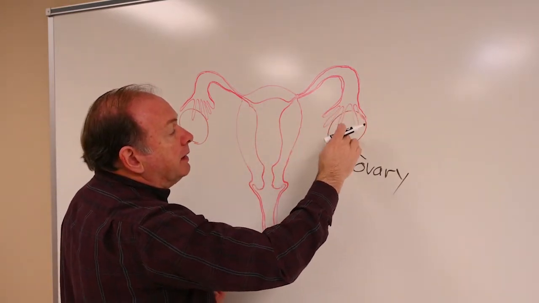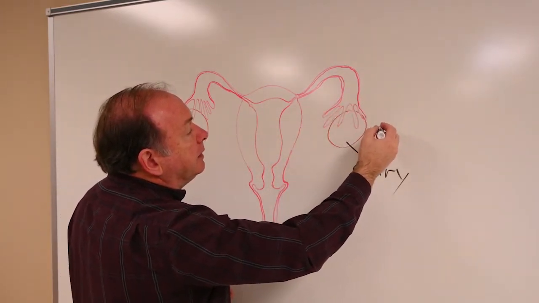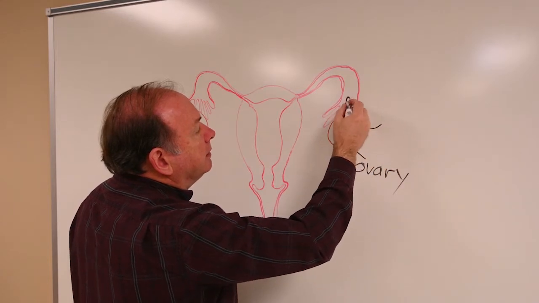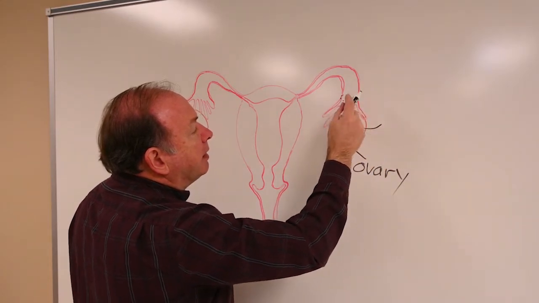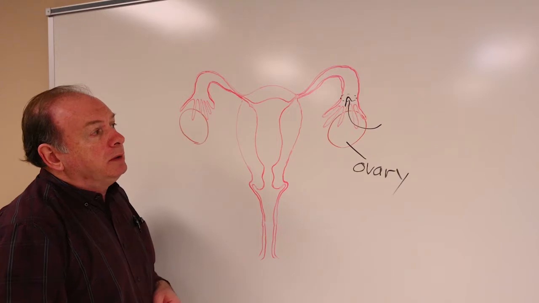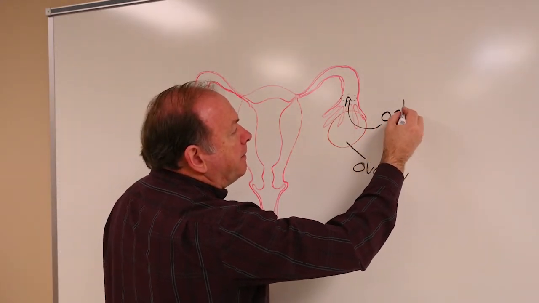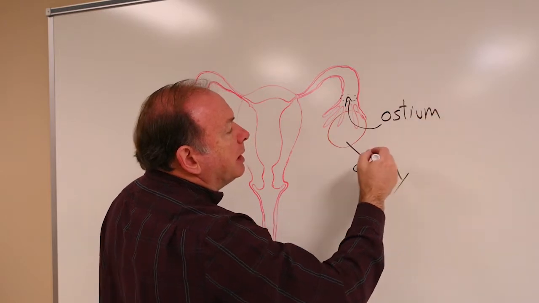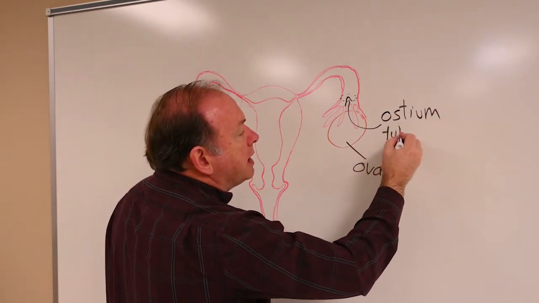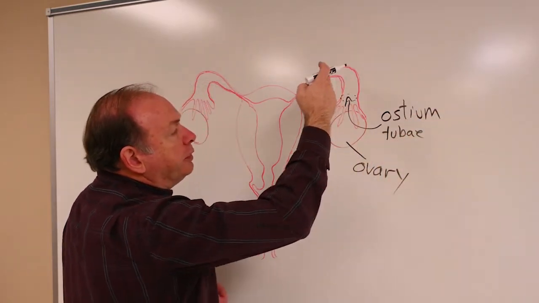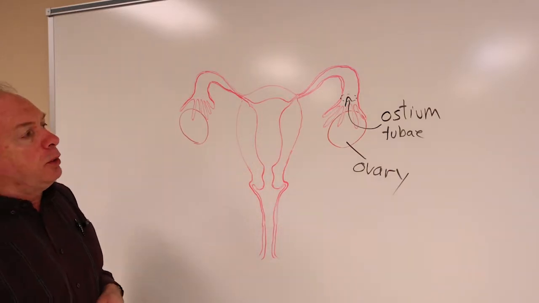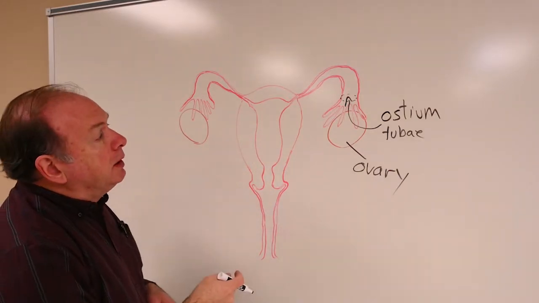So anyway, the opening right here into the, let's put a little dotted line here. The opening into the oviduct there is known as an ostium, sometimes referred to as the ostium tubae. It's the opening to the tube, the ostium, the opening to the tube.